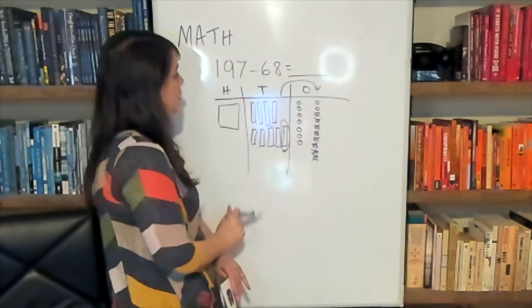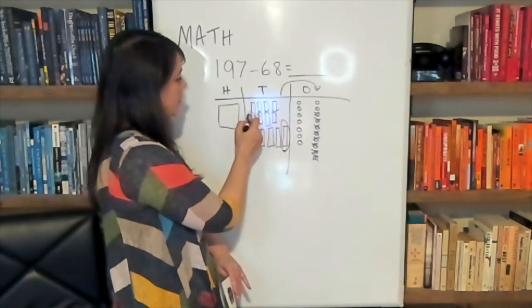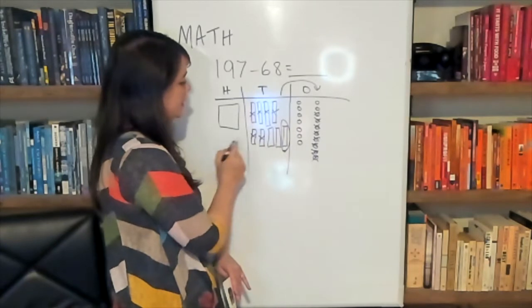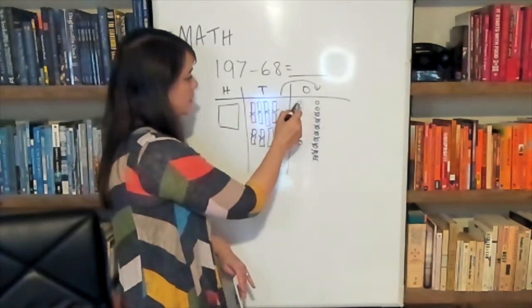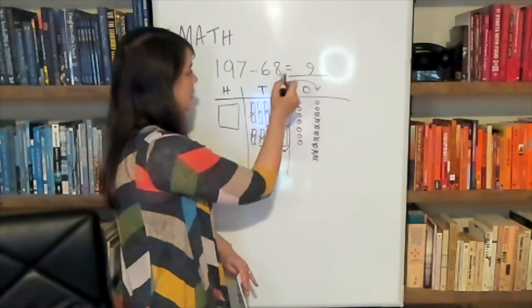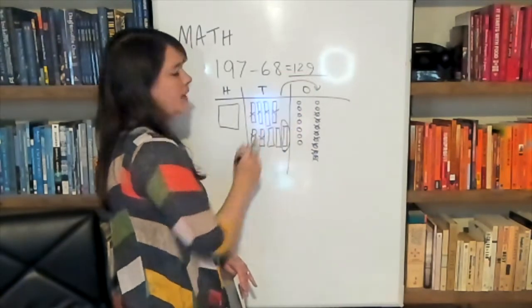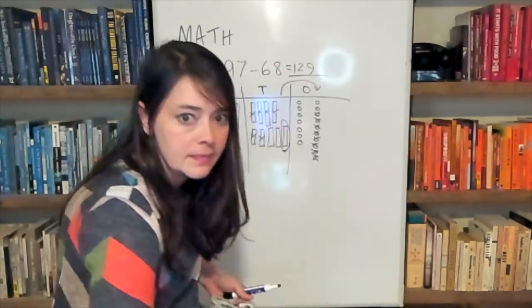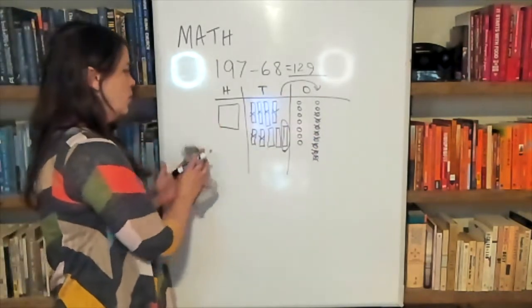And then we'll take away from the tens place 1, 2, 3, 4, 5, 6. And we have an answer. 1, 2, 3, 4, 5, 6, 7, 8, 9. And 2 and 1. All right? So this is number 1 on your worksheet.